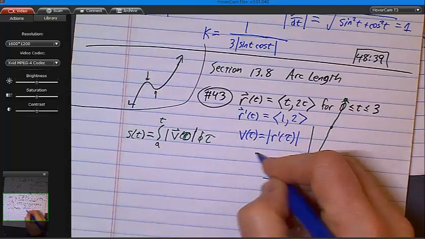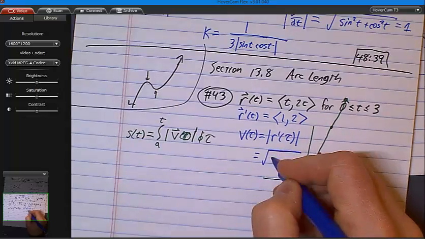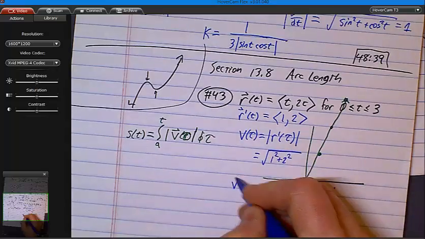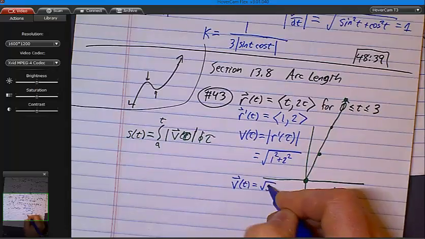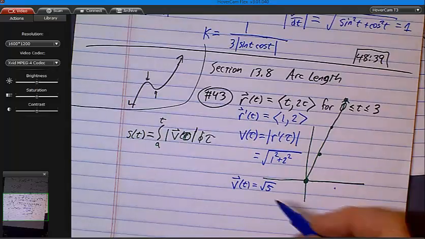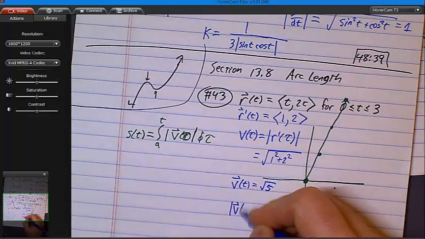And so that's the square root of 1 squared plus 2 squared. So the velocity is always the square root of 5, and it doesn't matter what t is at all. So the magnitude of v of t is the square root of 5.